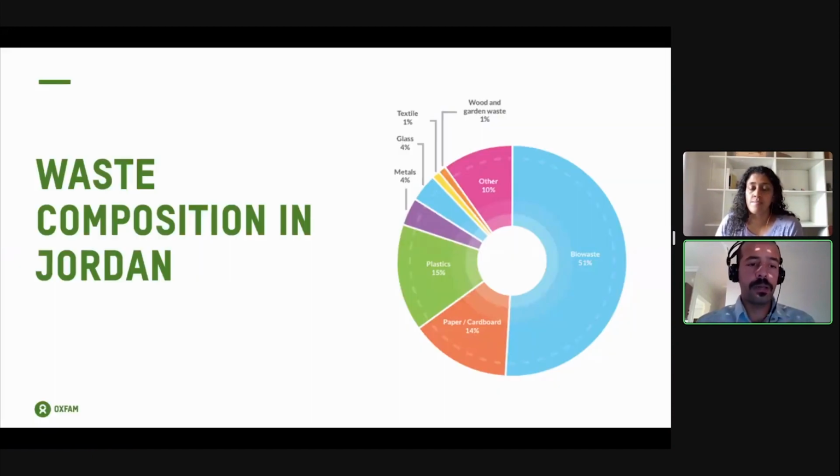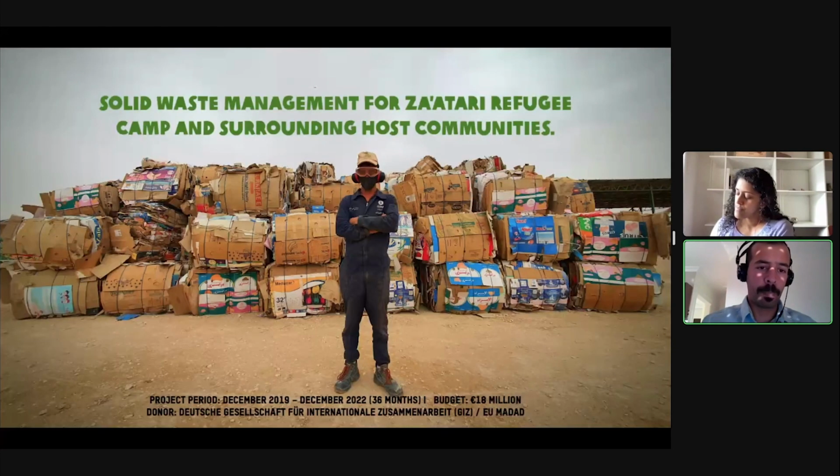Here's the waste composition in Jordan, and you can notice that 51% of the municipal waste is bio-waste, and around 35% of the waste is recyclable. But as we mentioned before, only 7% of the waste is recycled.